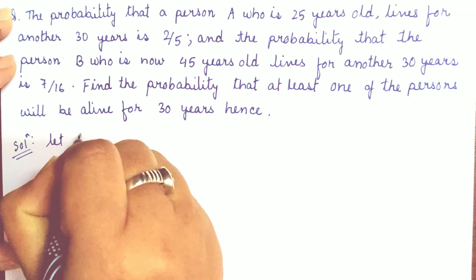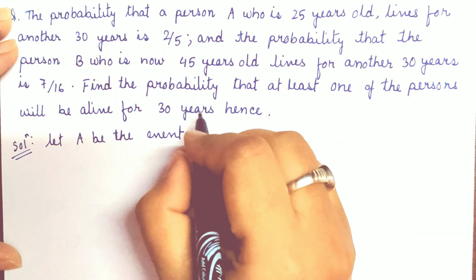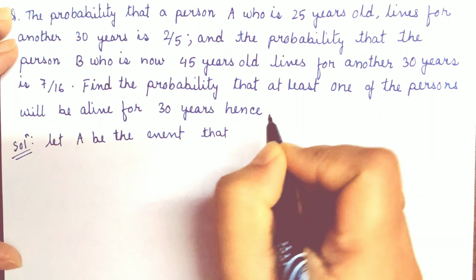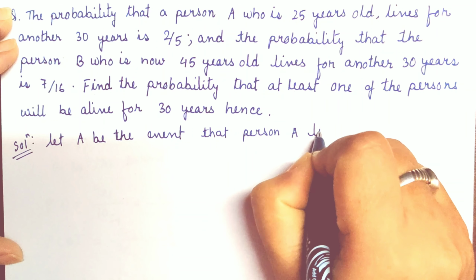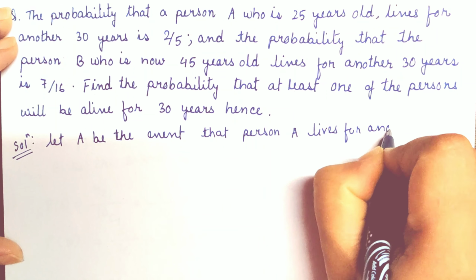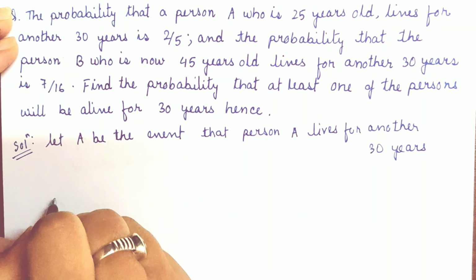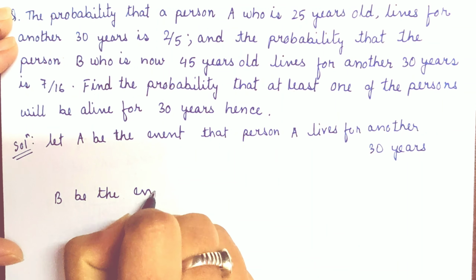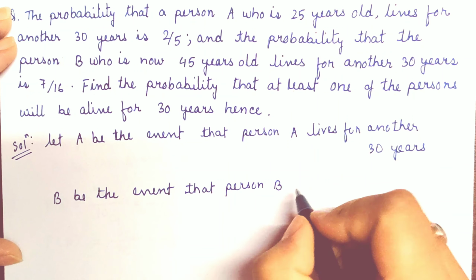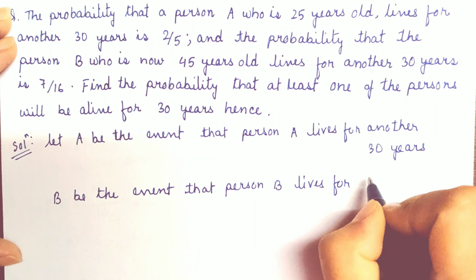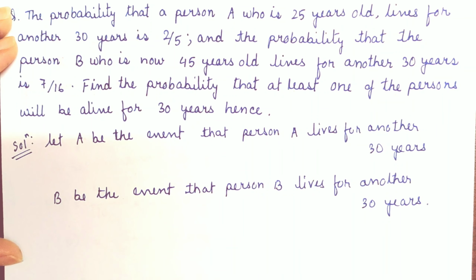We assume that A is the event that person A lives for another 30 years, and B is the event that person B lives for another 30 years.